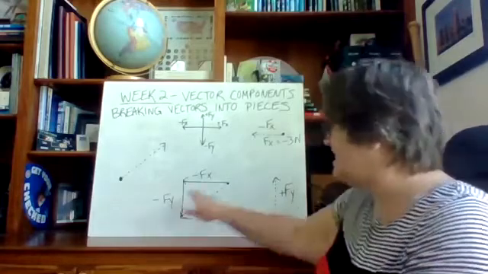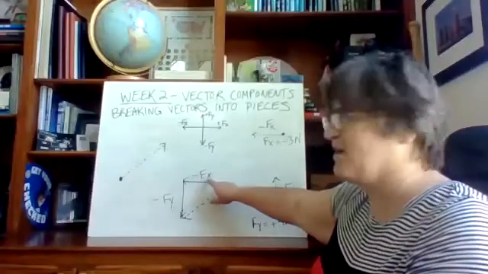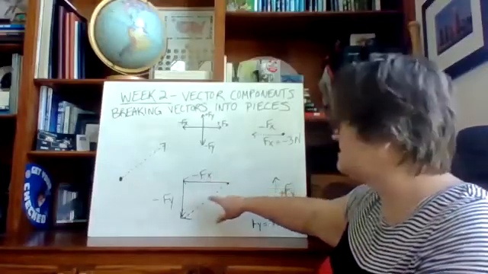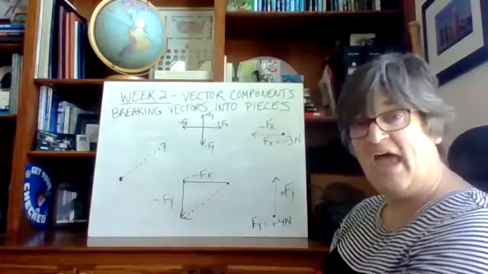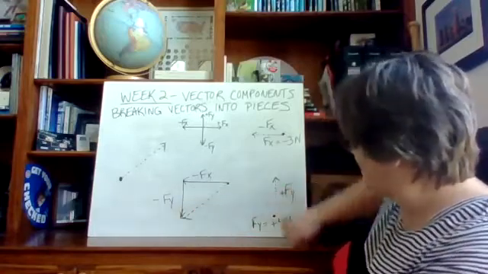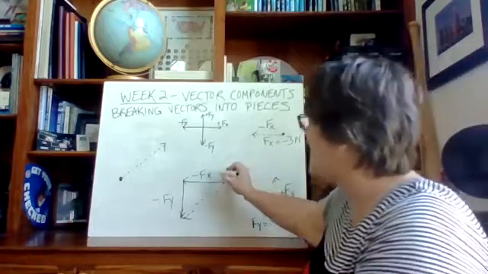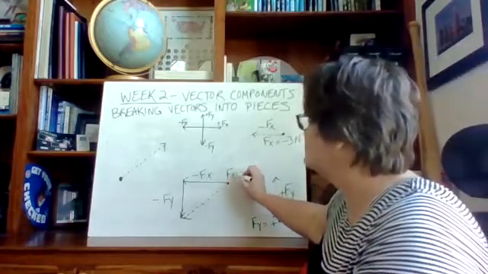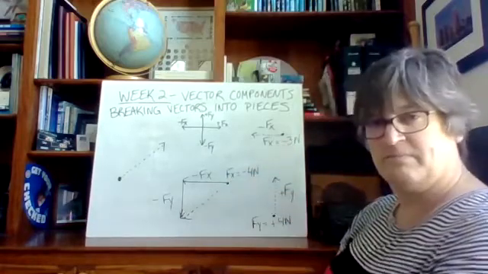So I can take this diagonal resultant and break it up into an x piece and a y piece. And again, based on the length, I could say that it looks pretty close to the length of this one. So I would say that Fx equals negative 4 newtons.